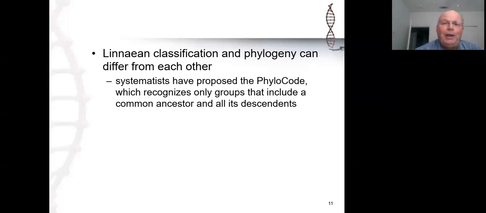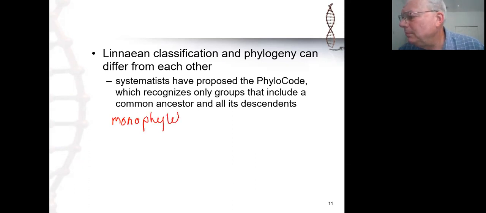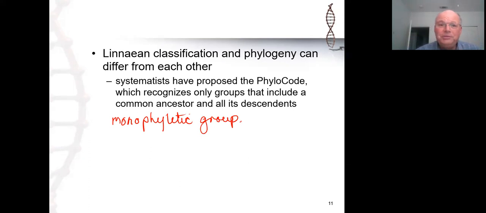And the first rule of the phylo-code is that the only valid grouping that you can create, which is referred to as a monophyletic group, is that that group must contain all the descendants of the common ancestor and the common ancestor.